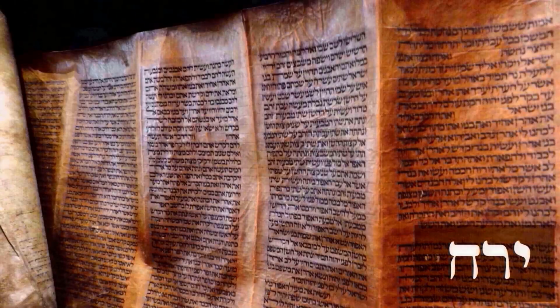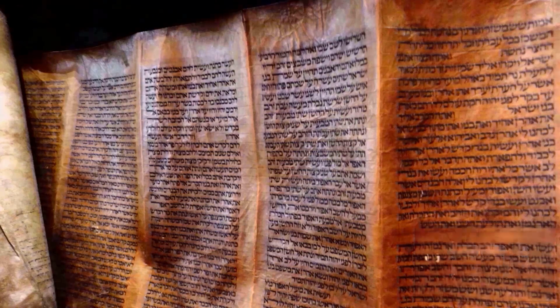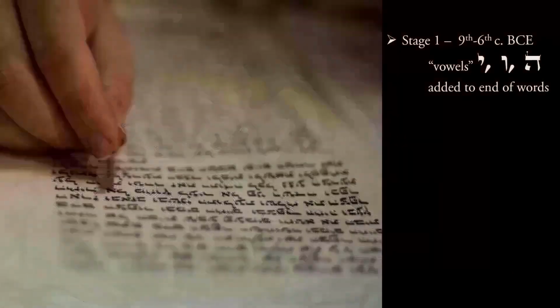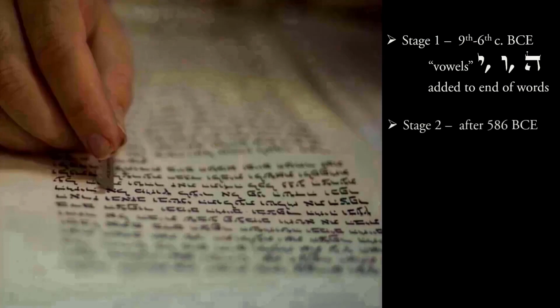For more than 1,000 years, only the consonants were written down. The vowels needed for pronunciation had to be supplied by the reader. In the 1st millennium, from the 9th through the 6th century BCE, the first solution was attempted, adding consonants and using them as vowels, adding them at the end of words.